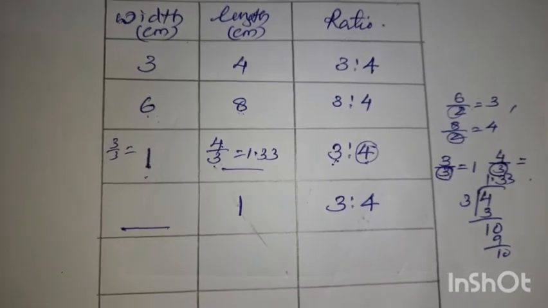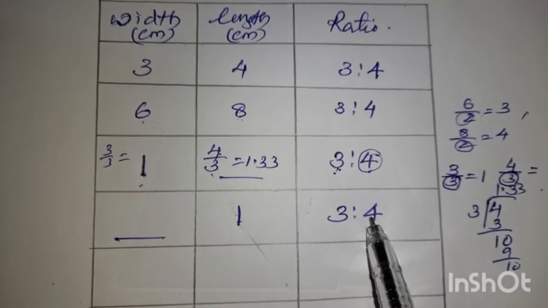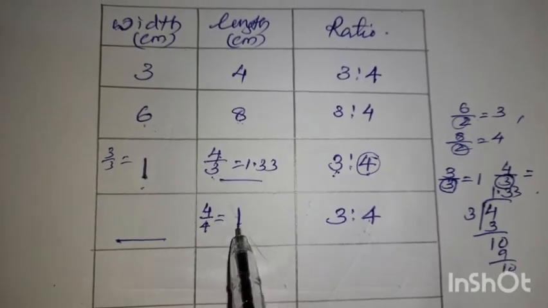How will you find this? Length is 1, the ratio is 4. The length ratio is 4, so 4 divided by 4, you get 1.